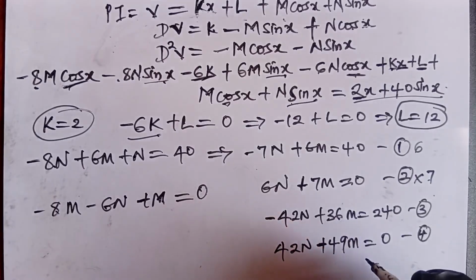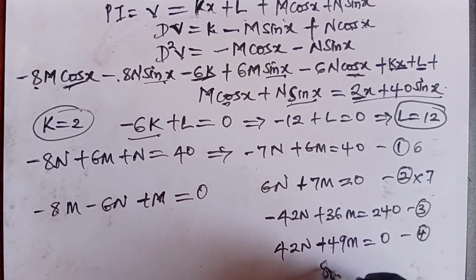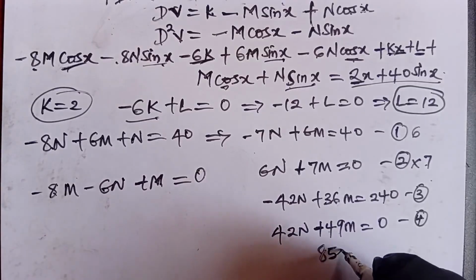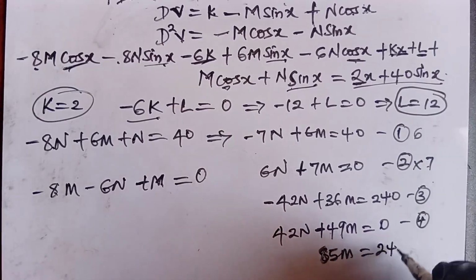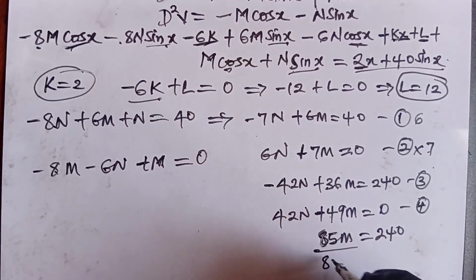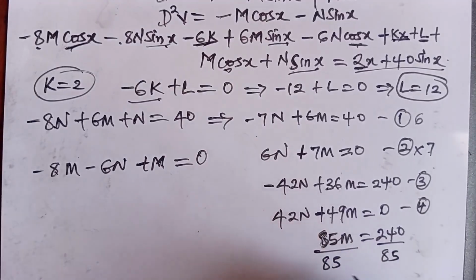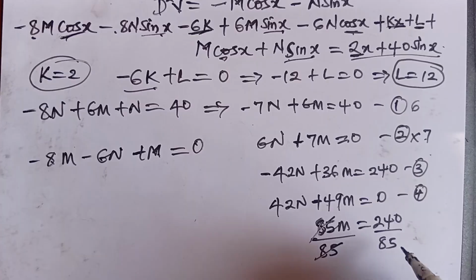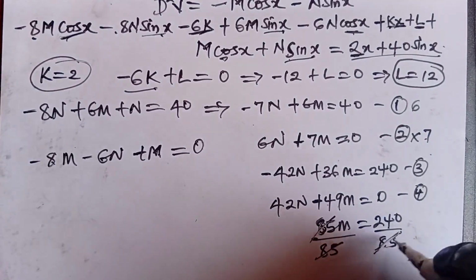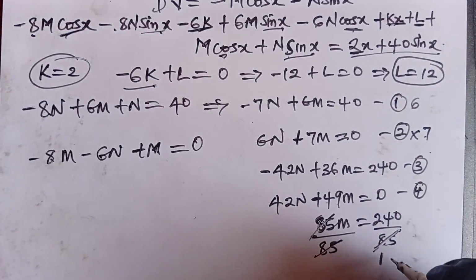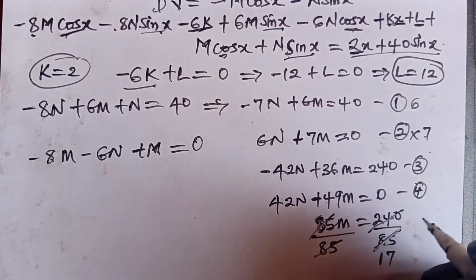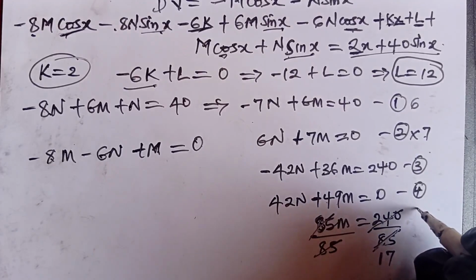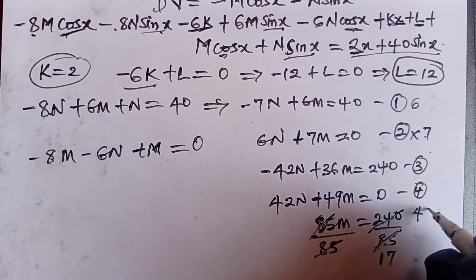85m is equal to 240 plus 0, which is 240. Divide both sides by 85. So what is m? 5 into 85 is 17. 5 into 240 is 48.